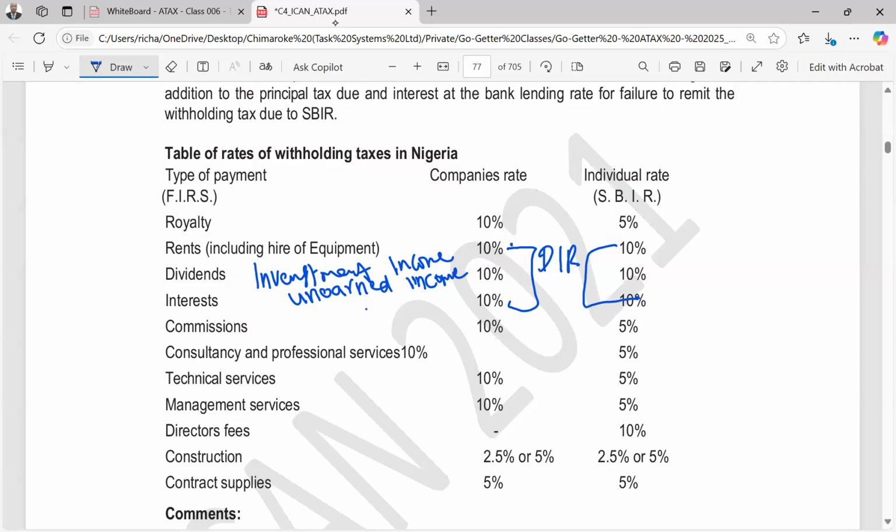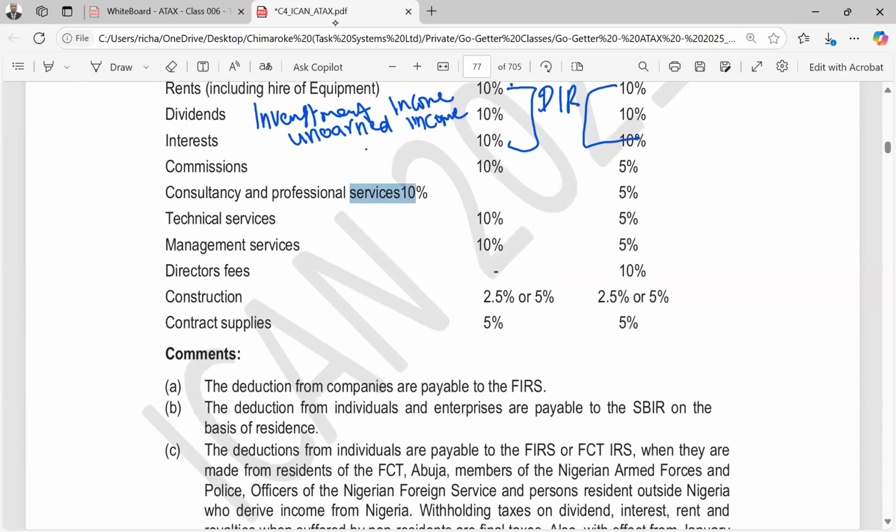Now, there are some where both individuals and companies are 5%, like in the case of construction and contract of supply, especially contract of supply. Both individuals and companies are 5%. In some construction, you have 2.5.